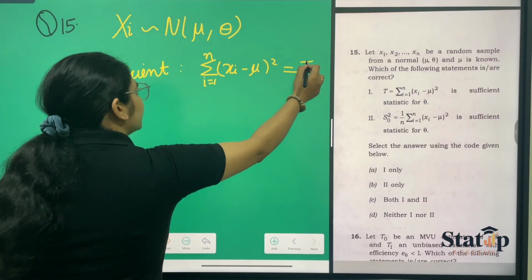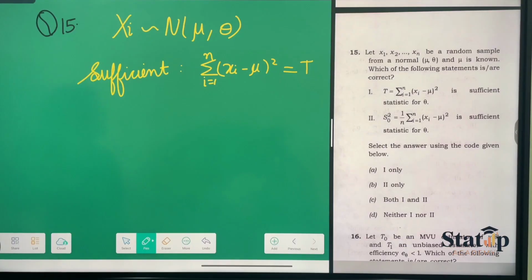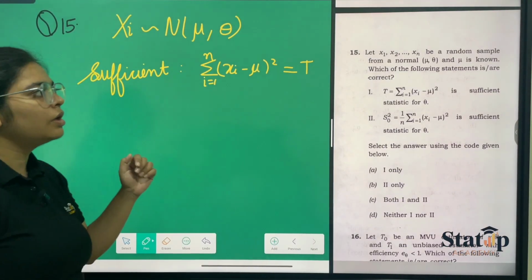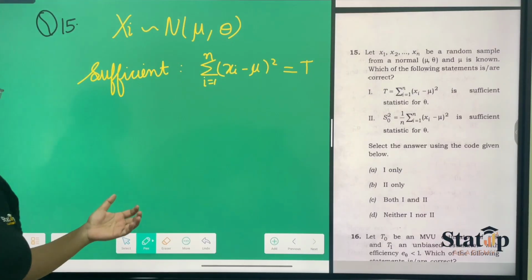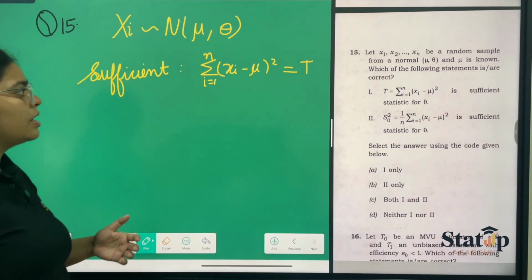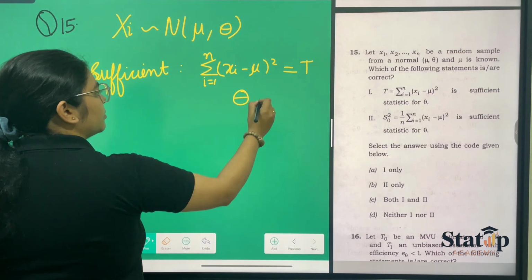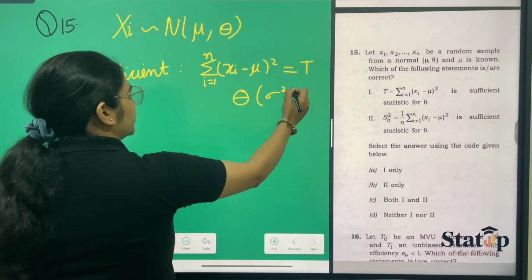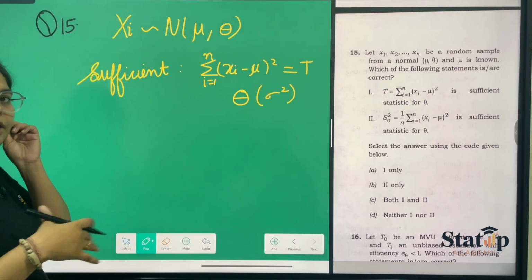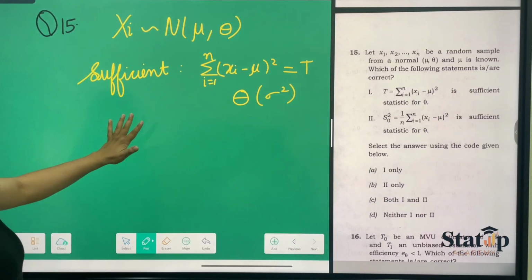So let us take it equal to t. This will always be sufficient for the variance, which is sigma square, when mu is known for a normal distribution with mean mu and variance sigma square. This theorem we have done multiple times, so it is also a theorem.